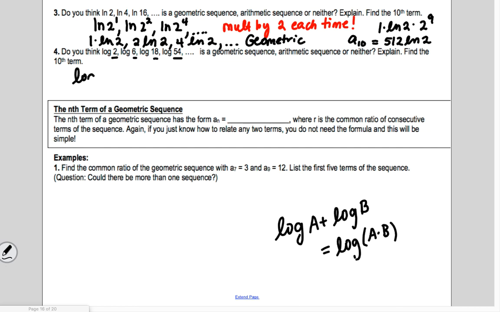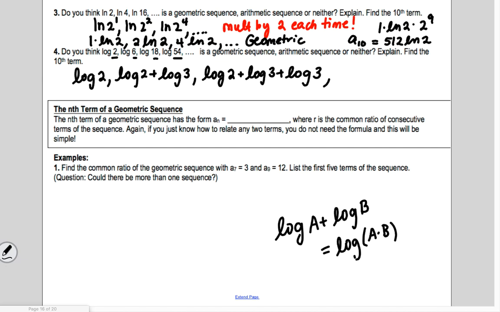So what we're doing is we have log of 2. The next one ends up being log of 2 plus log of 3. And the next one ends up being log of 2 plus log of 3 plus log of 3. Do you guys see what I'm doing? Do you see how 2 times 3 times 3 is 18? Yeah, Greta?